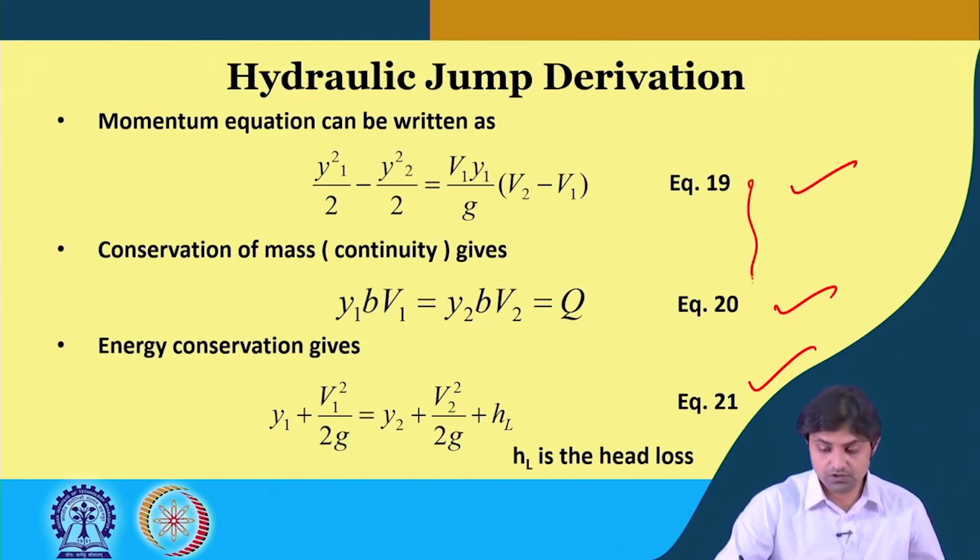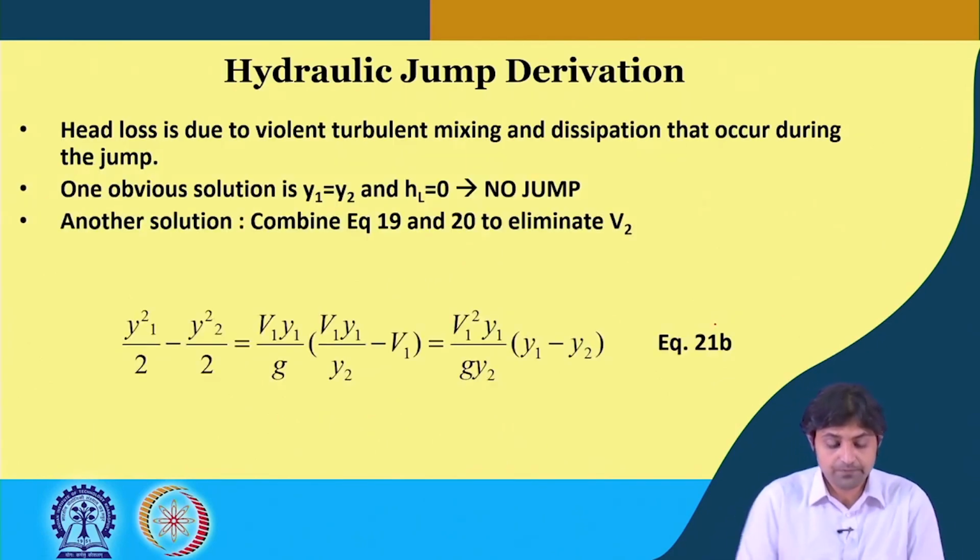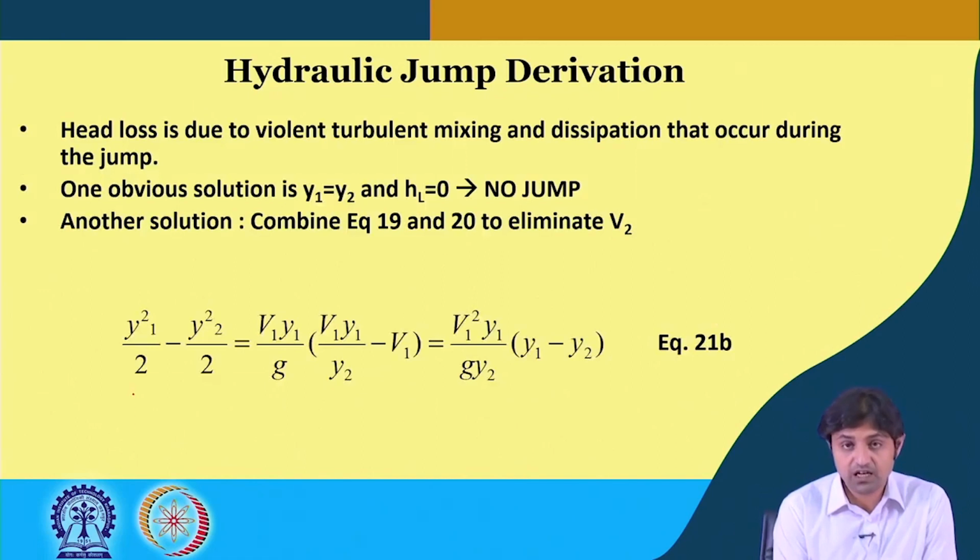So, using these two equations, this is equation number 19: Y1 square minus Y2 square by 2 is the same as the left hand side, V1 Y1 by g into, here you remember there was a V2 term.